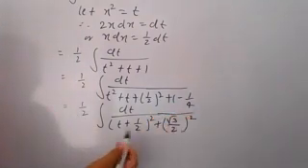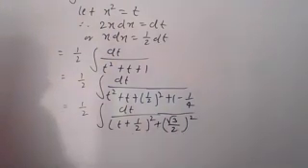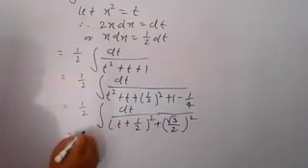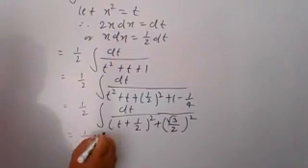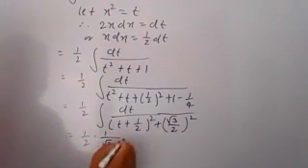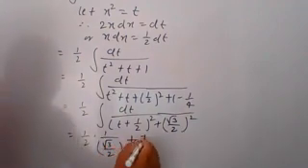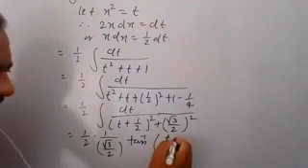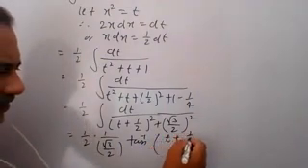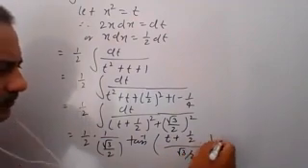Again that is in the form of integration of 1 upon x square plus a square, which is 1 by a tan inverse x by a. So 1 upon 2 into 1 by a means 1 upon root 3 upon 2, and tan inverse of x by a, so (t plus 1 upon 2) divided by root 3 by 2, plus c.